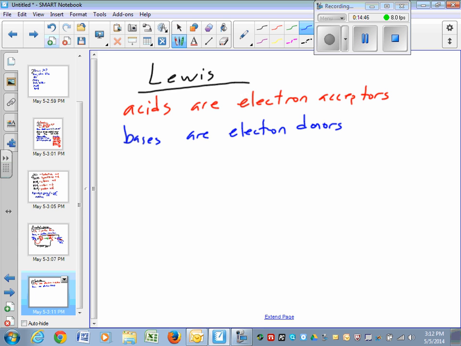So we're going to take as an example BF3. You may remember from when we were doing our electron dot diagrams that boron is an electron deficient element, which means that it's not going to get up to 8 valence electrons.